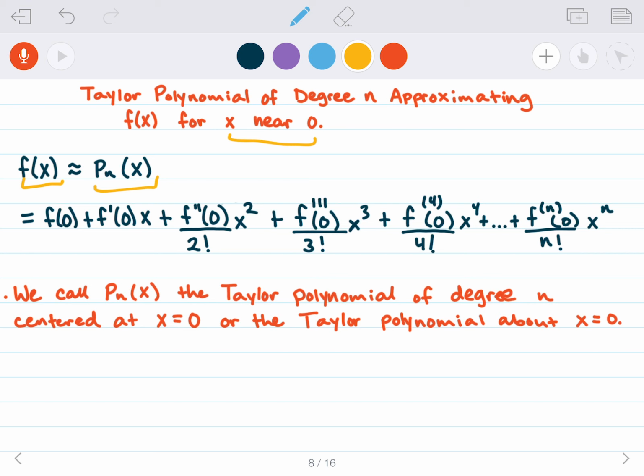We take f of 0 plus f prime of 0 times x plus f double prime of 0 over 2 factorial x squared, and so forth. The pattern just continues right there. We're going to do some examples with this just so you guys can see how it works. And we call this polynomial the Taylor polynomial of degree n centered at 0.